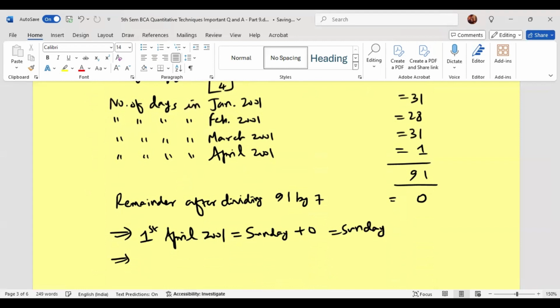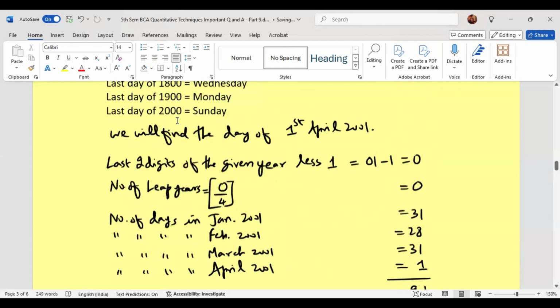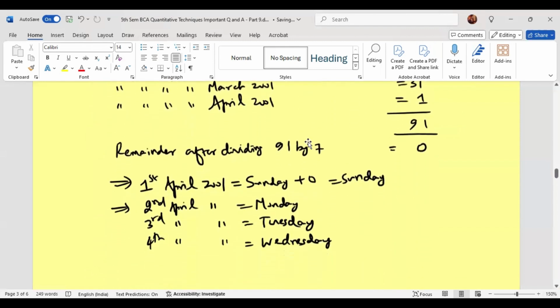This implies that 2nd April 2001 will be Monday. 3rd April 2001 will be Tuesday. 4th April 2001 will be Wednesday. We are interested in finding out the Wednesdays in the month April 2001.